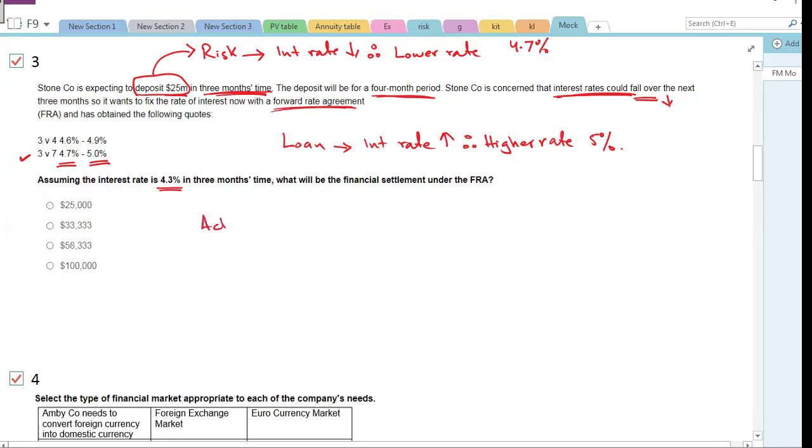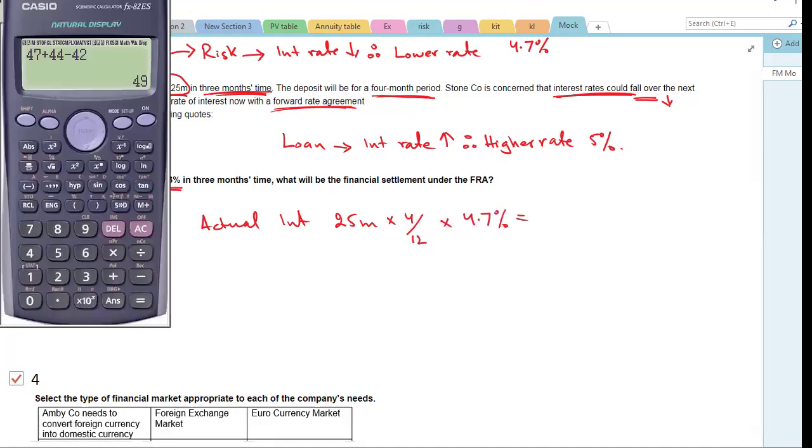So actual interest: if it is 25 million and you are doing it for 4 months out of 12, and the annual interest rate is 4.7%, so 25 million into 4 out of 12 into 4.7%, which is 0.391 million.